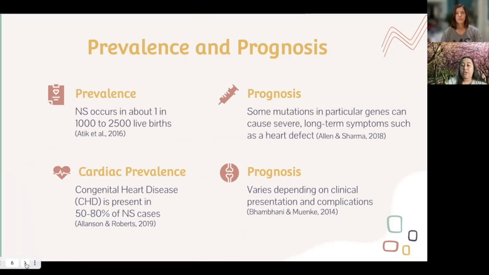When we look at the prognosis, some mutations typically do cause severe or long-term symptoms like the heart defects that I've talked about, and they do vary depending on the clinical presentation and complications. However, the cardiac prevalence in most individuals is typically high, with about 50 to 80% of Noonan syndrome cases having some sort of congenital heart disease.